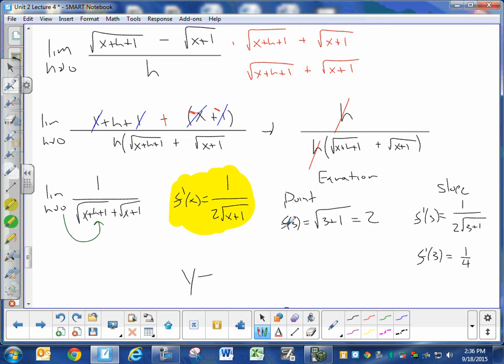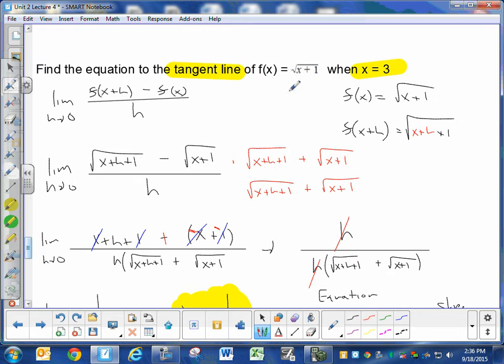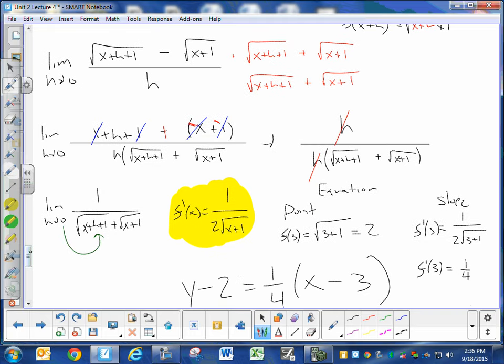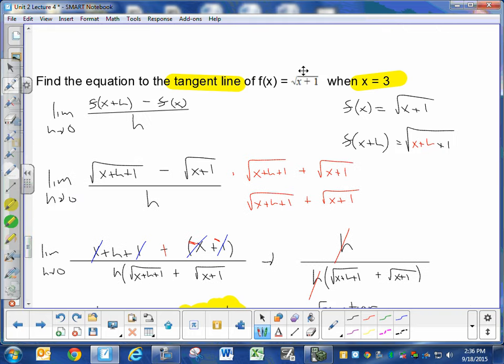This will be my y1, this is my x1, and this is my m. And if we graphed both root x plus 1 and this line, we would see that this is tangent to root x plus 1 at 3.